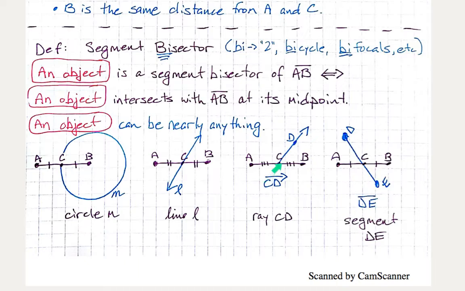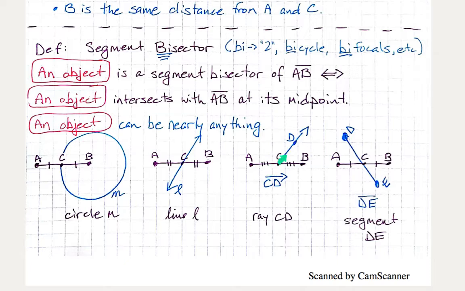Also, ray CD, even though it doesn't really cut through, does start here and touch, it intersects AB at point C. Point C is both on the segment and on the ray. From C to B, 3 tick marks. From C to A, 3 tick marks. So C is the midpoint.